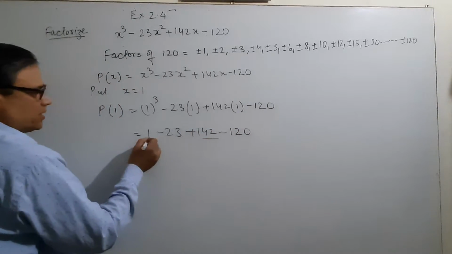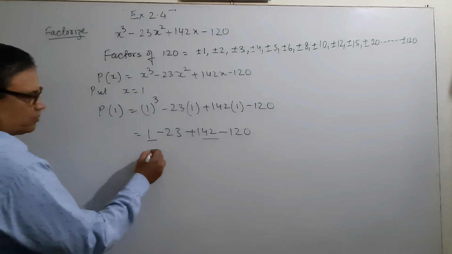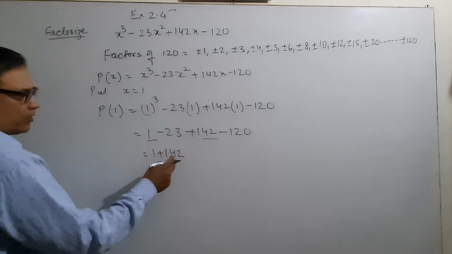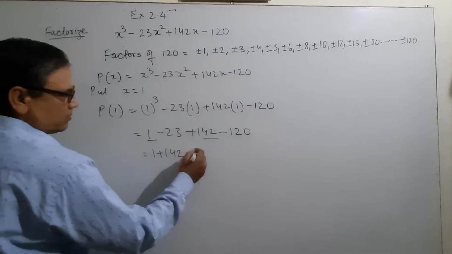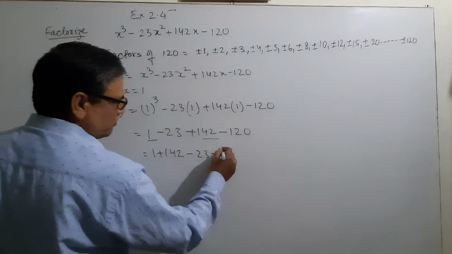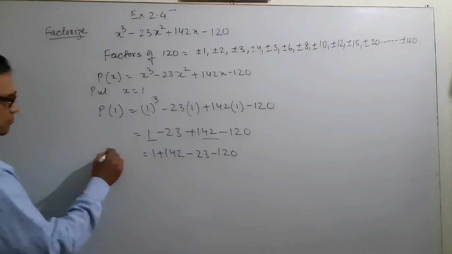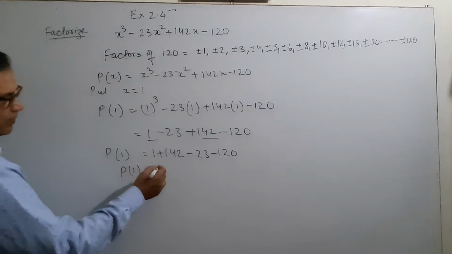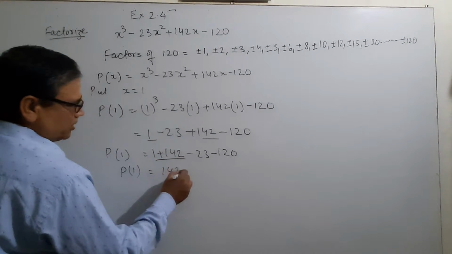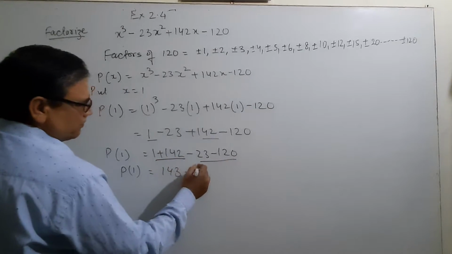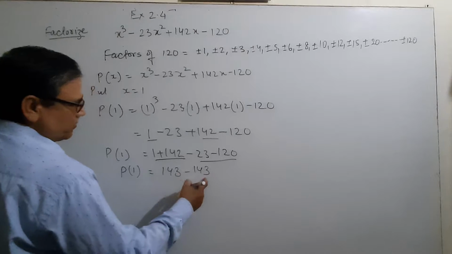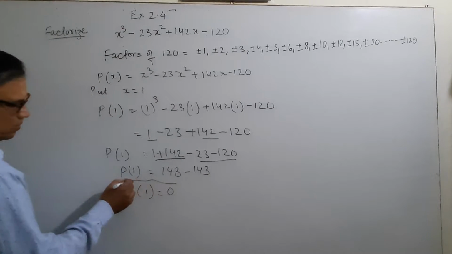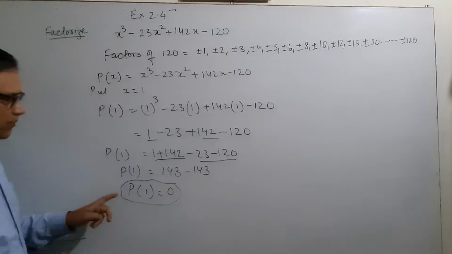We have to put the same signs together: 1 plus 142 is 143, and the negative signs together, 23 plus 120 is 143. So P1 is equal to 143 minus 143, which is 0. This P1 is equal to 0.